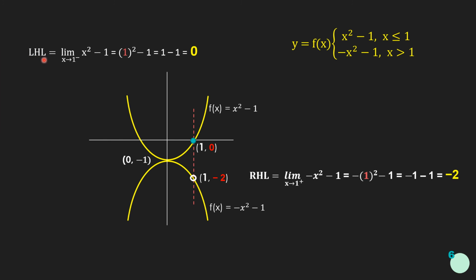Here we observe that LHL is 0 and RHL is minus 2. Therefore, since LHL not equal to RHL, we say that limit f(x) as x approaches 1 does not exist.